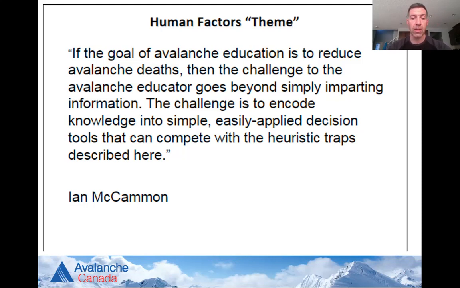We're going to have a good look at the evaluator tool in one of our later presentations, and then we're going to use it physically when we're out in the field on our field day. It can really help you make decisions both before you go out and by looking at what's going on with the weather and the terrain while you're out on your excursion in the backcountry, and it'll give you an idea of whether you should go or you shouldn't go.